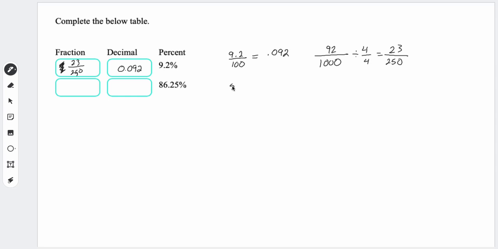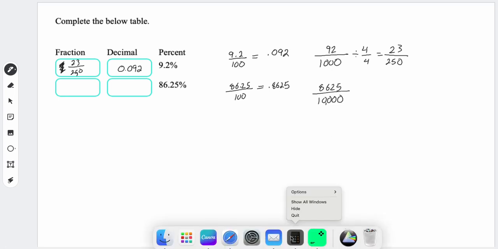So now we do the same thing here. We have 86.25 divided by 100, which moves the decimal over to 0.8625. So we take this and say 8,625 over 10,000, because it's 4 spaces. Now we can reduce that. So I am going to start by, let's look at 75, just because I feel like that number is a good number.